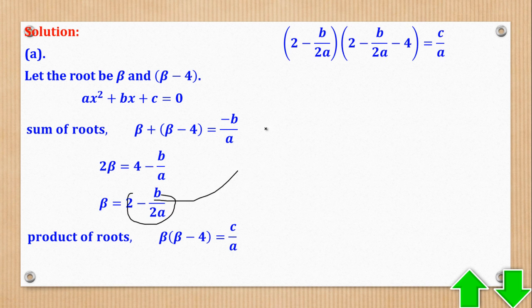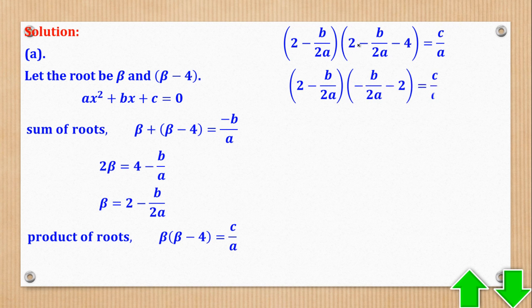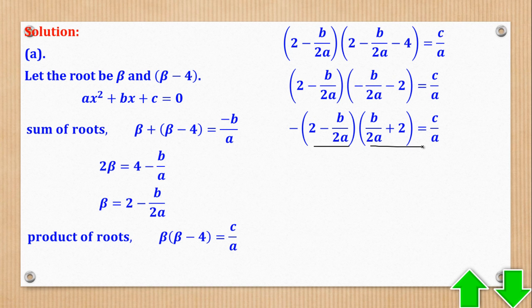The whole of this is beta and beta. So this and this gives you negative 2, which is there. Then you realize that it is difference of two squares. Here, do you see something? Difference sum. So it is difference of two squares. You use that method, this squared, this squared.